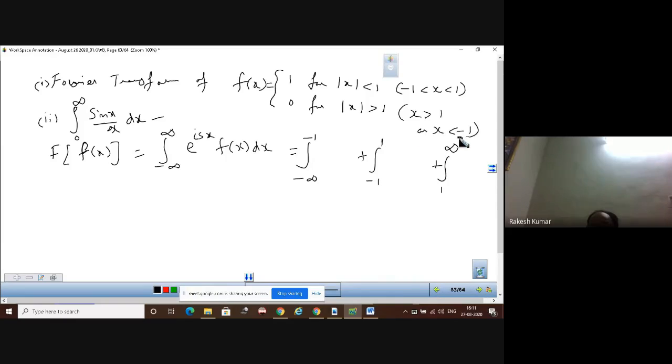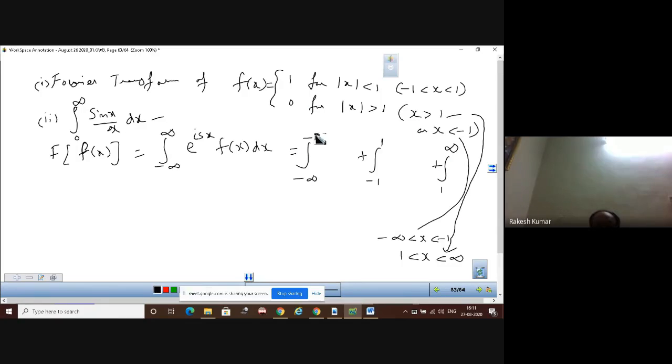You just see, x less than -1 means minus infinity less than x less than -1, and x greater than 1 means 1 less than x less than infinity. And this is clear. x is lying between -1 and 1, so only for this interval the value exists, that value is 1. Otherwise the value for both these cases is 0.